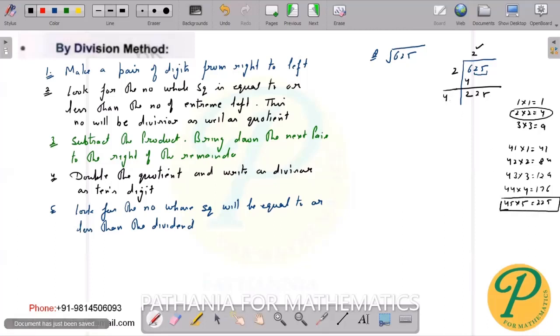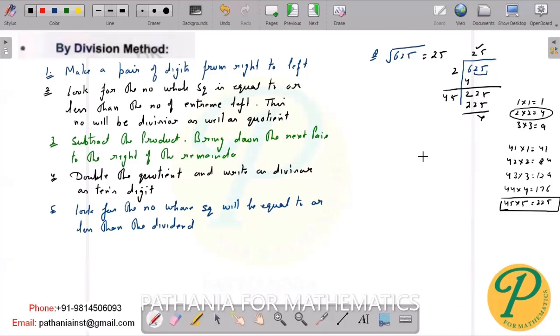Use this one. So the square root of this is 25, right? This is a perfect square.